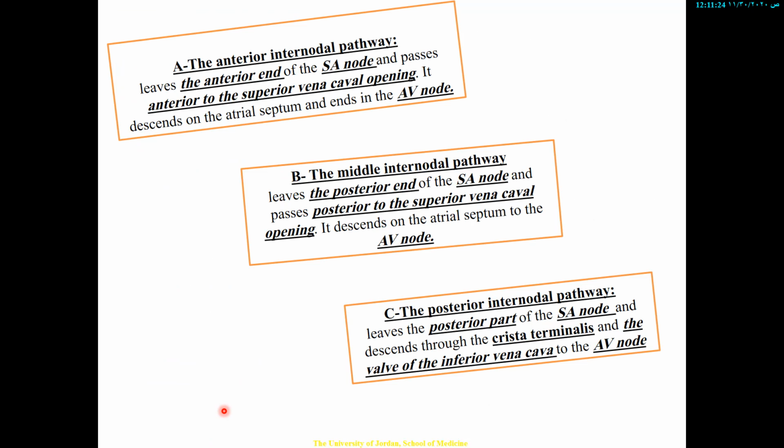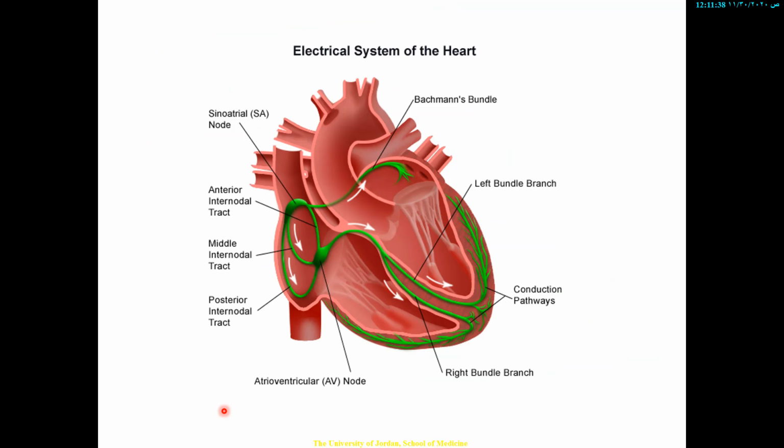They've been given the name of internodal pathways. They are anterior, posterior, and of course middle internodal pathway. They are connecting the SA node to the AV node, anterior, posterior, and middle internodal tract.